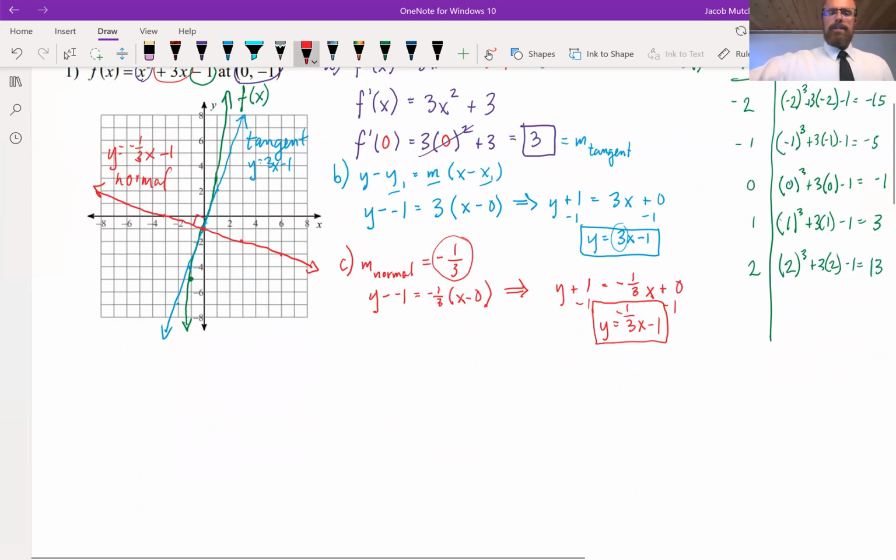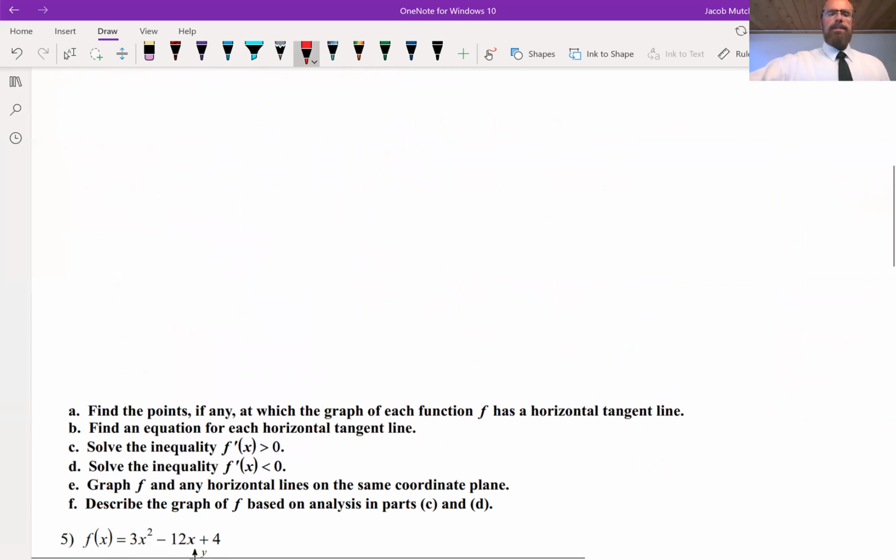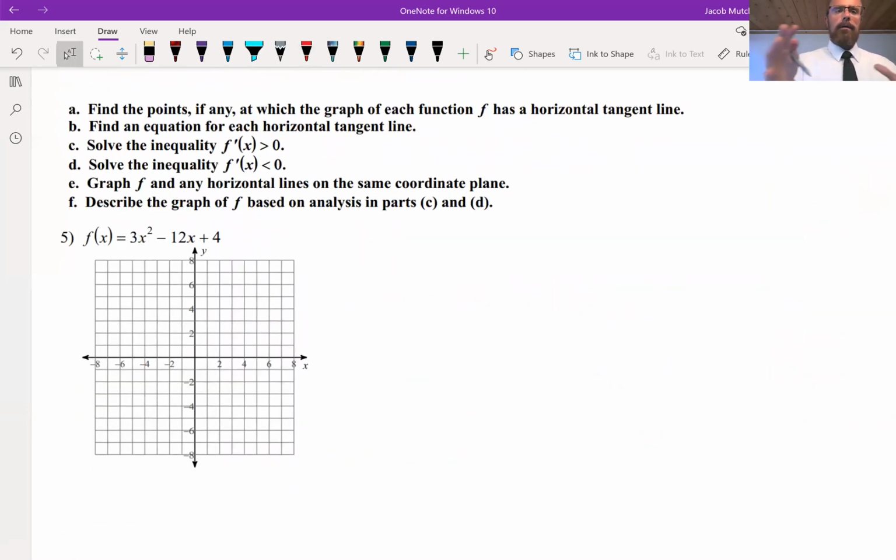Let's take a look at a second example. So our second example has different questioning. So the questioning here has to do with horizontal tangent lines.